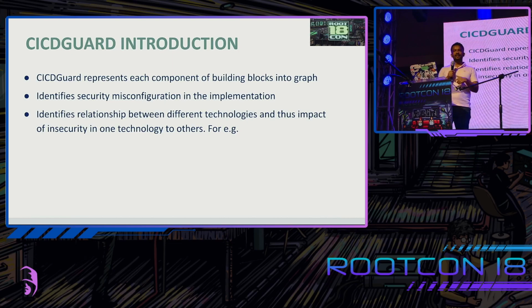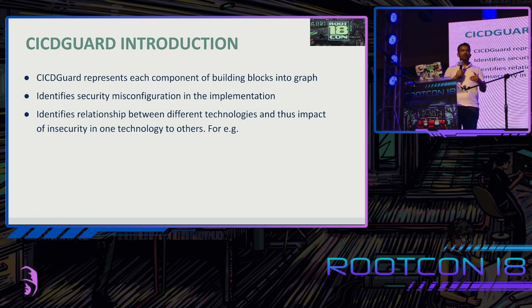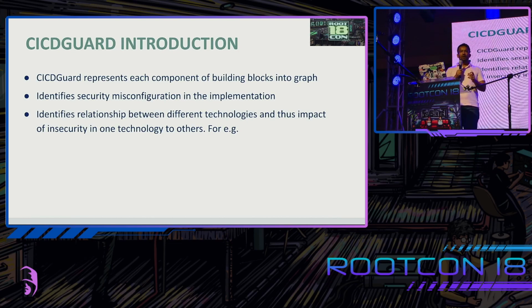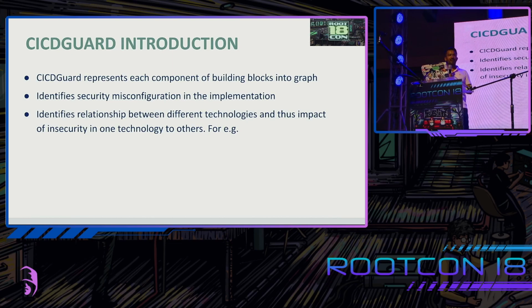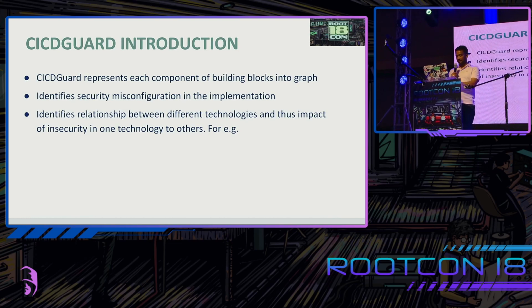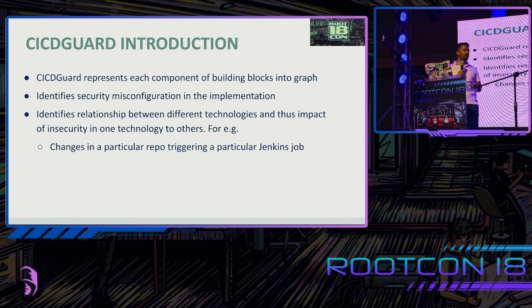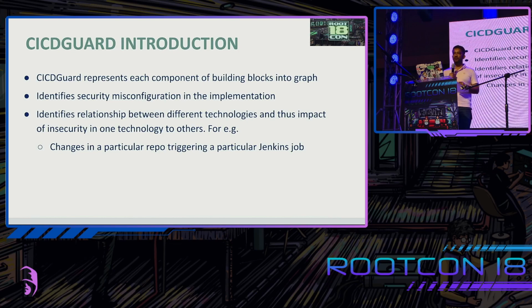But what CI/CD Guard does is go one step beyond that and make sure that whatever environment we have configured as a user of the CI/CD Guard, all of the interrelations are also identified by the software, providing the relationship between them. A few examples: in a typical Jenkins job configuration, if there is a change in the GitHub repo, then that job will be triggered.